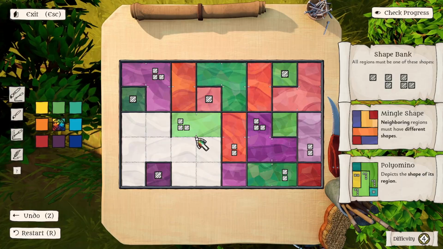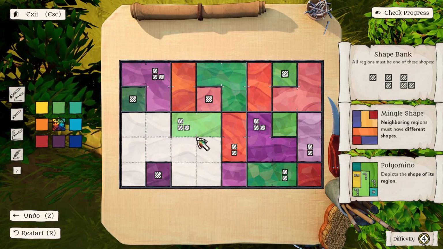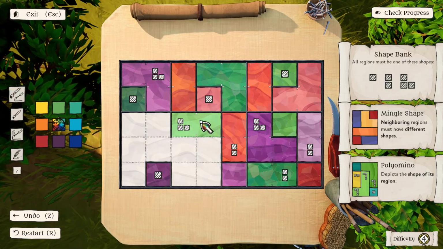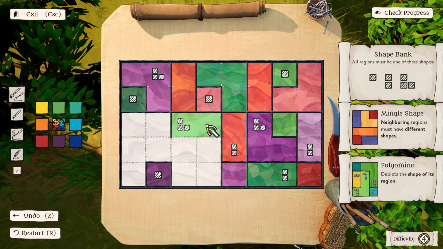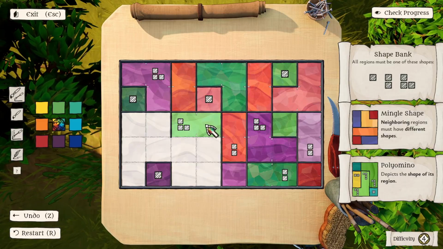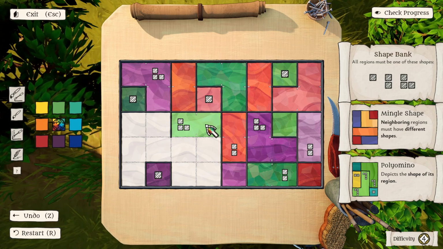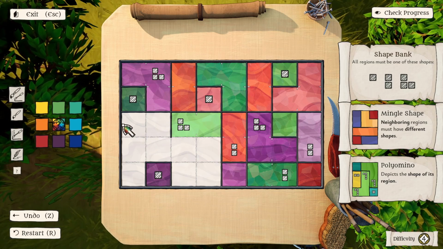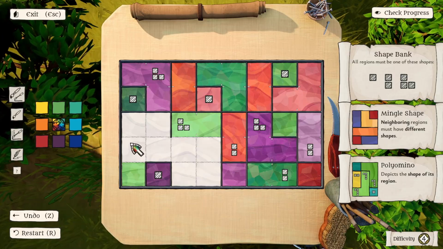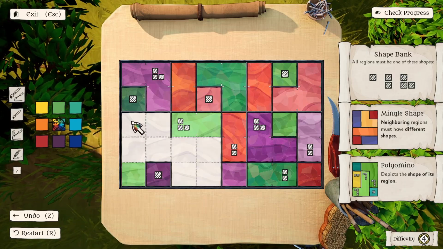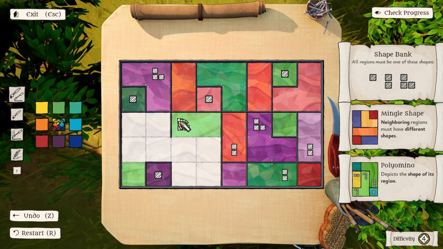The total of 9, so there's 8 spaces after I complete this one. If this were a 2, that would have to be a 3, which would touch this.